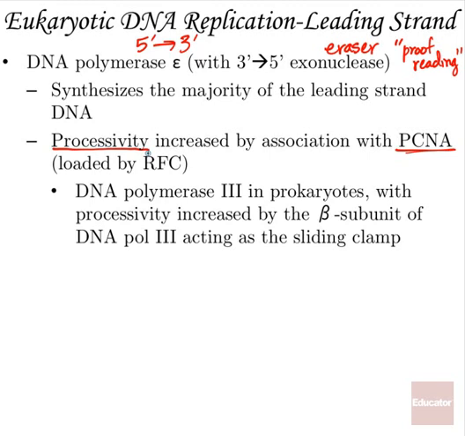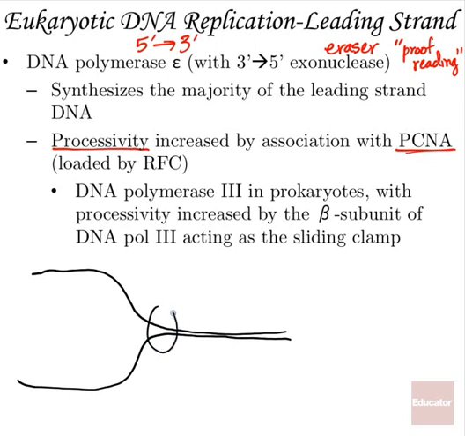So let's write this out. We have our replication fork opened up, and the helicase moving in that direction. We will call this the 5', the 3'. In black is going to be our parental strand.